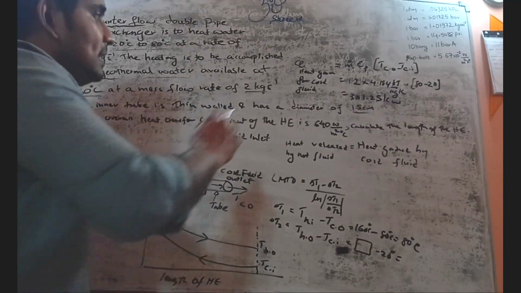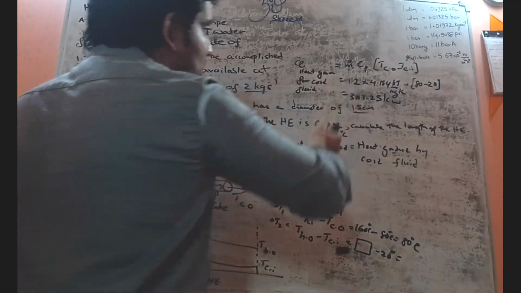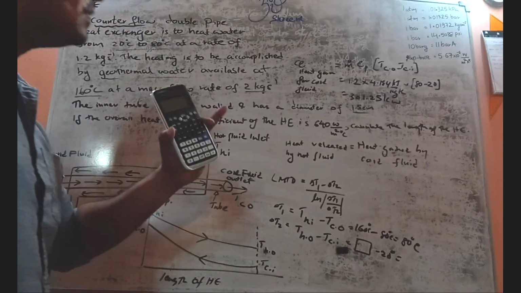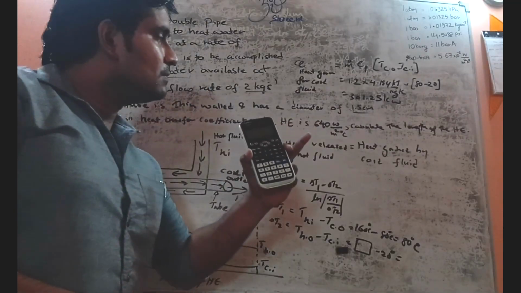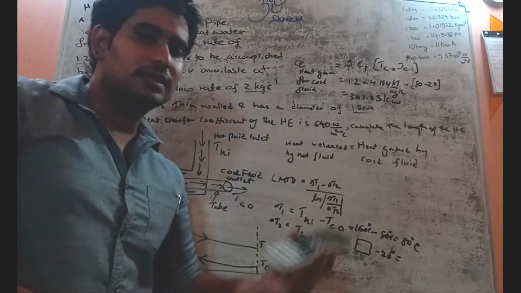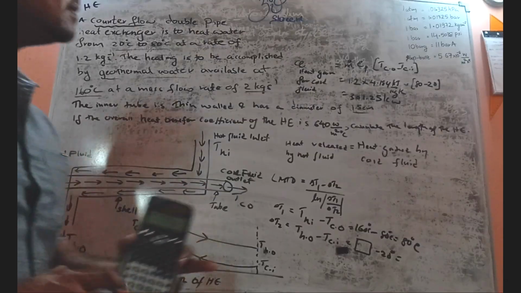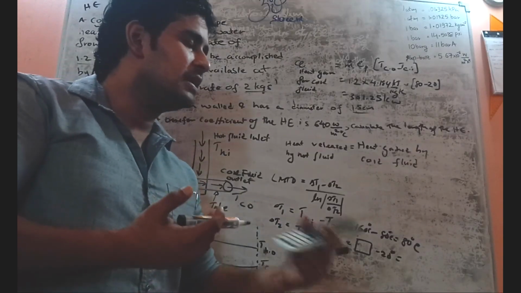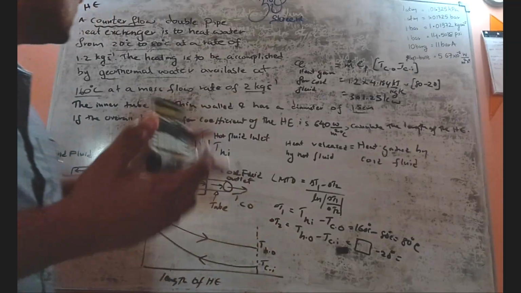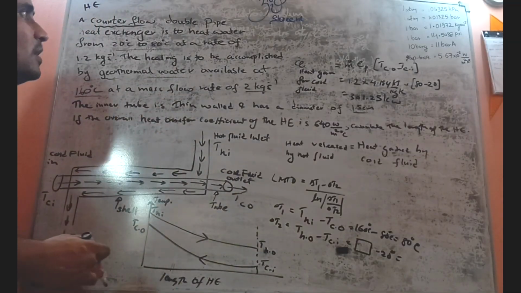So this heat gained by the cold fluid, this 301.25, will be equal to the heat released by the hot fluid and also the total heat transfer rate if you consider the entire heat exchanger, right?